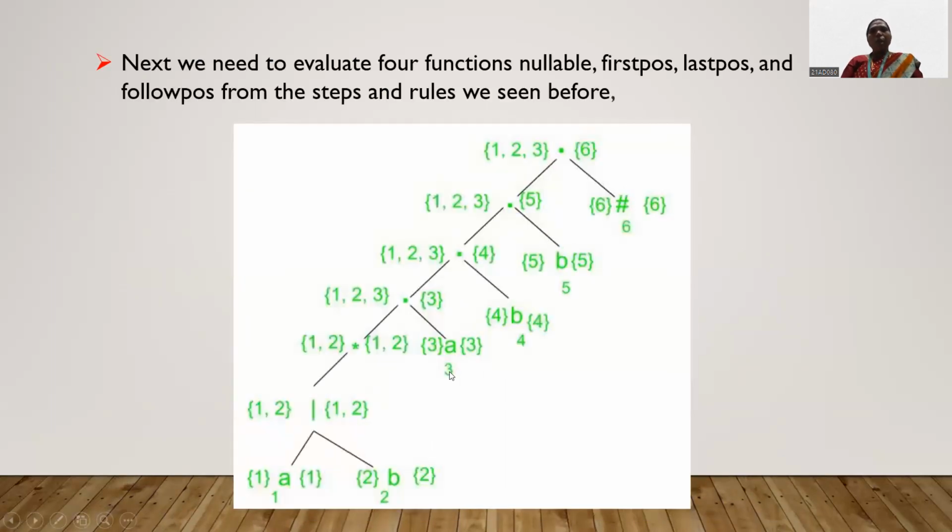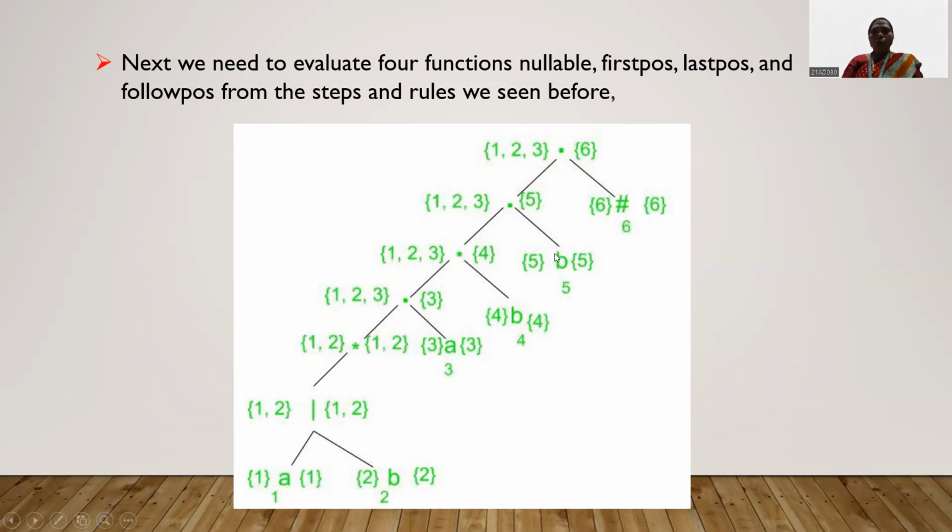Next, we need to evaluate four functions from the steps: nullable, firstpos, lastpos, and followpos. This a position is 1, b position is 2, this a position is 3, b position is 4, this b position is 5, this hash position is 6. The firstpos of all the leaf nodes having operands is itself.